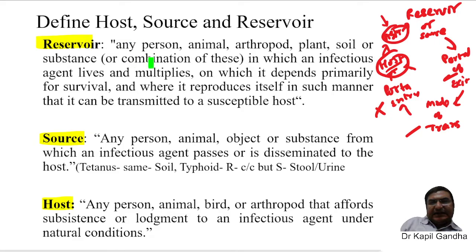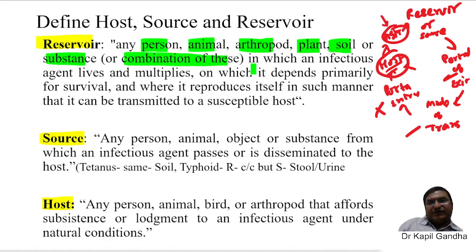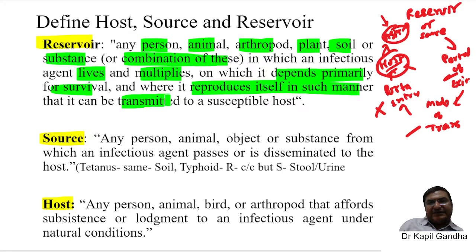A reservoir can be any person, animal, arthropod, plant, soil, or substance, or a combination of these, in which an infectious agent lives, multiplies, on which it depends primarily for survival, and where it reproduces itself in such a manner that it can transmit the disease to the susceptible host.